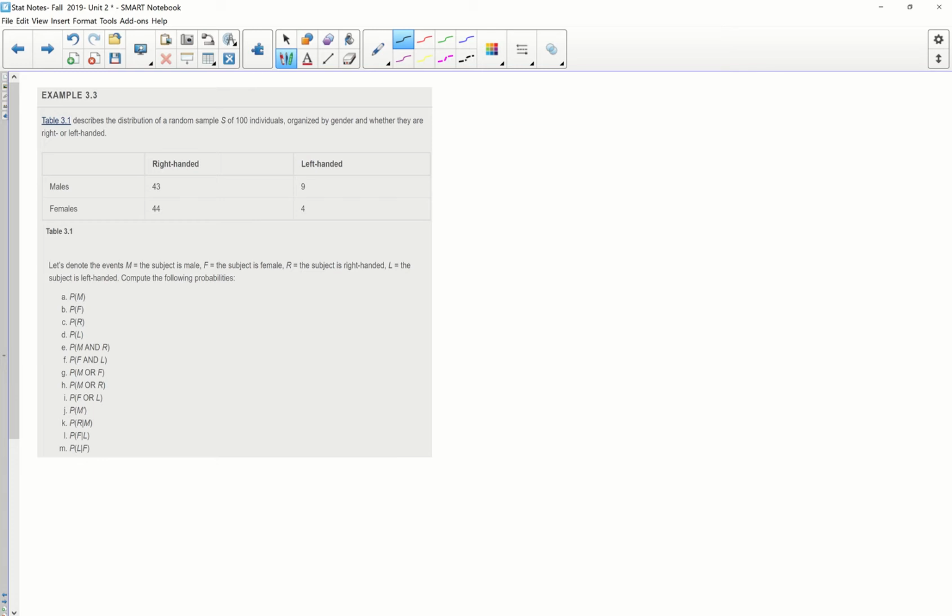So P of M. If you didn't look in the textbook, then this problem is foreign to you. Yeah, it's the online textbook, the OpenStax.